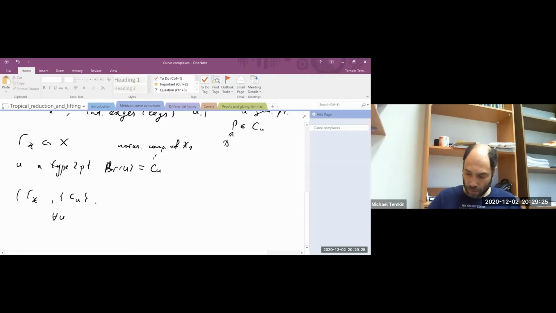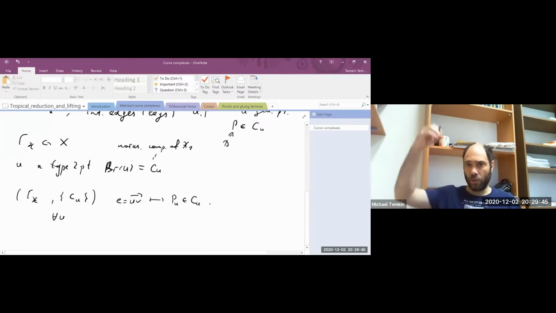And also there is a data that for any finite edge, it corresponds to a point P_U on C_U, just corresponding to the marked point on the component or to the node on the component.